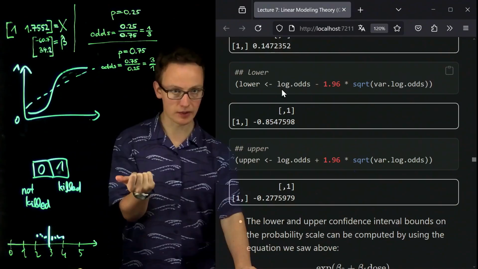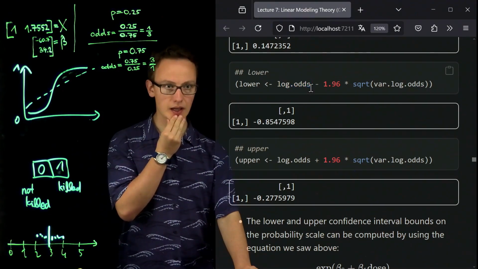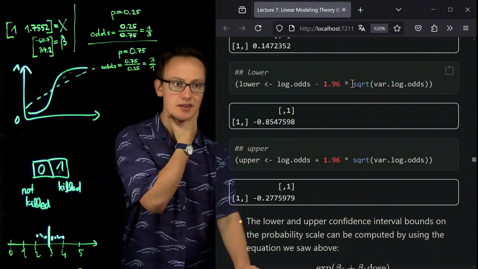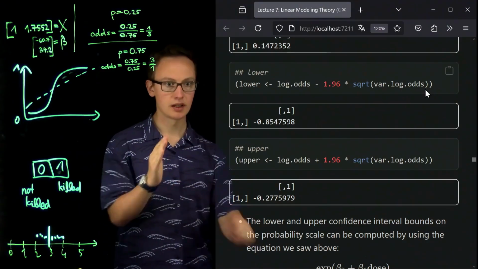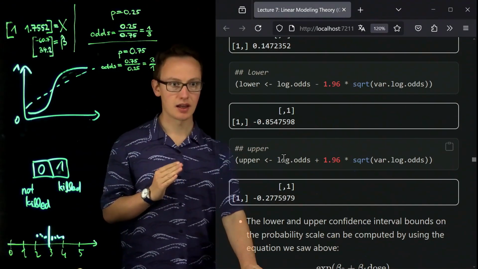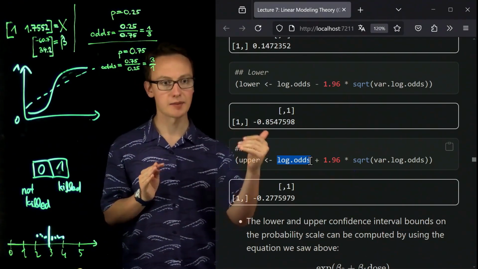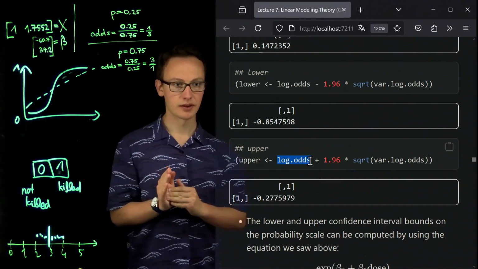So we have the standard error now, and we can say our log odds minus 1.96 times the standard error. That will be our lower boundary for the confidence interval. And likewise, our log odds plus 1.96 times the standard error, that will be our upper bound for that confidence interval.